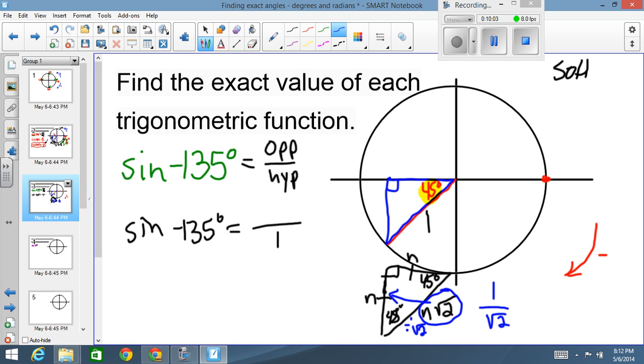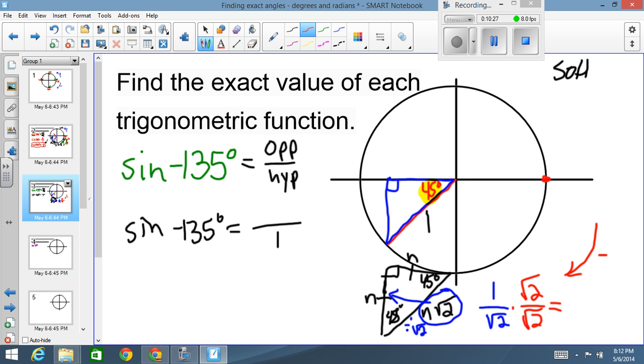Now it's easy to go, okay, this is 1 over radical 2, this is 1 over radical 2. It's easy to want to do that. But remember, we cannot have a radical in the denominator. So we can't jump to the conclusion and write that quite yet. We need to rationalize the denominator. And you know how to do that because we just got done doing it. Let's multiply by radical 2 over radical 2.